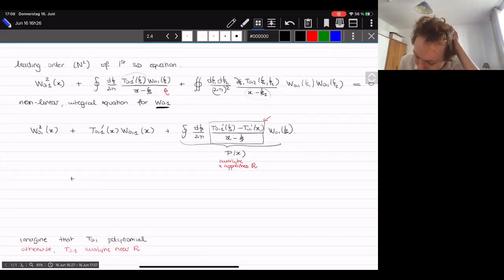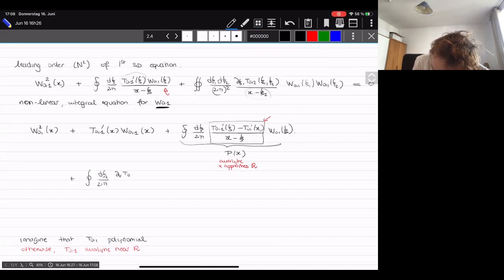And then I can do the contour integral in Xi1, and I will get the W01. So we're going to see the contour integral in Xi2 that remains: dx T02 X Xi2, W01 Xi2, times W01 X.